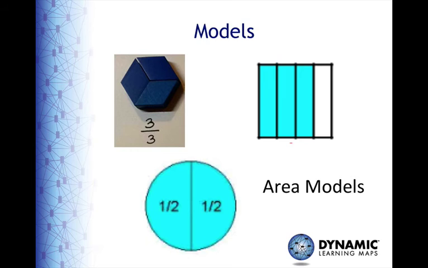However, there are other types of area models, including pattern blocks, geoboards, color tiles, and fraction bars. Regions such as rectangles can also be used to demonstrate how different shapes can represent the whole.